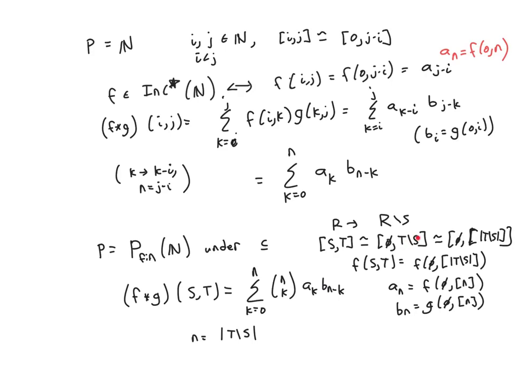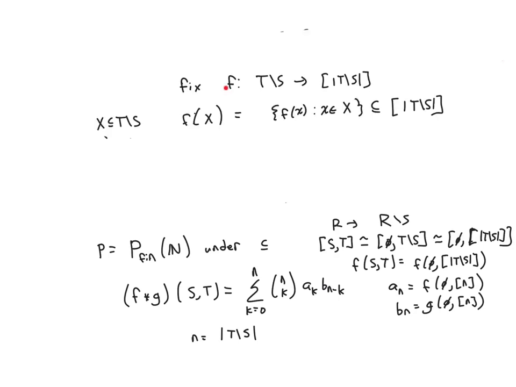And since T take away S is a finite set, there's also a bijection here that depends on fixing a bijection from T take away S to this set. So I'll do that bijection in a bit. How does it work?